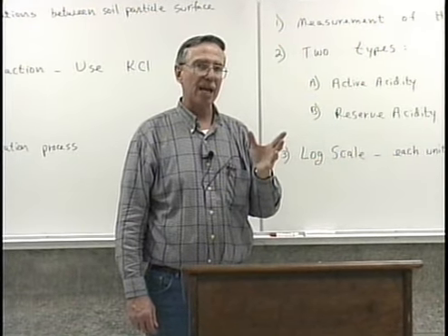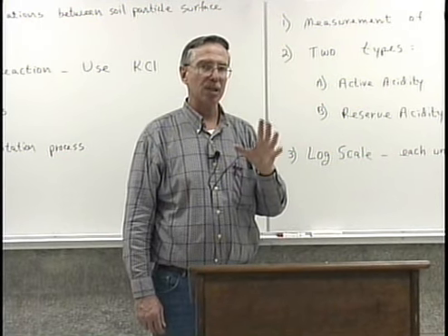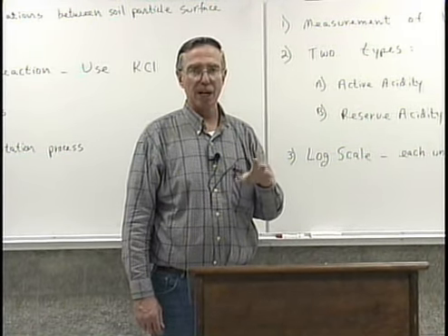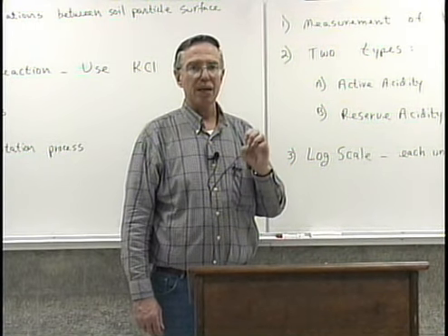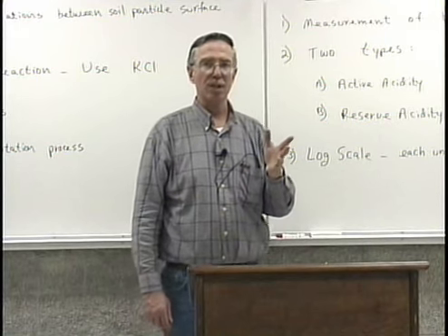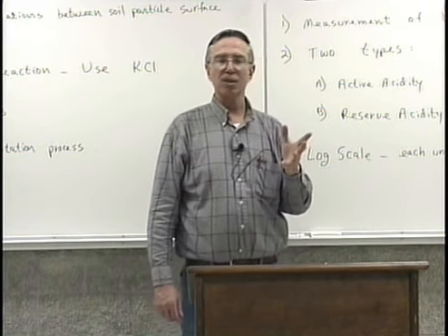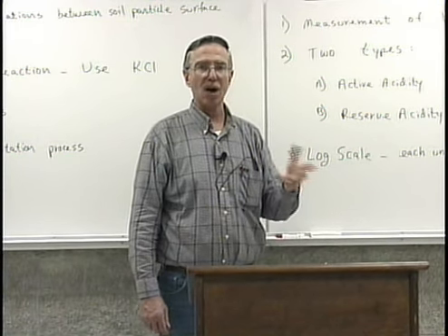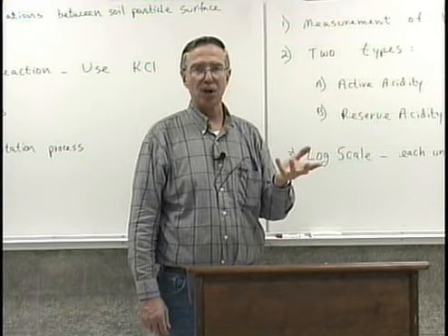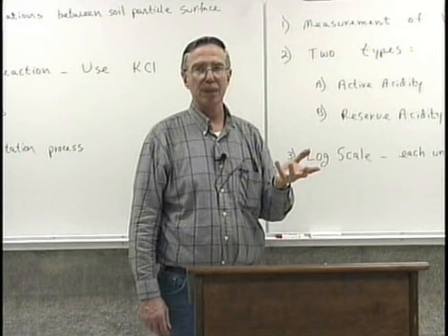However, we need to understand that when we add the calcium chloride solution to this soil, what is going to take place is an exchange reaction. That is to say that the calcium in the calcium chloride solution, because of a very high concentration, will go into and kick off the ions that are being held on the exchange sites currently on that particular soil sample.